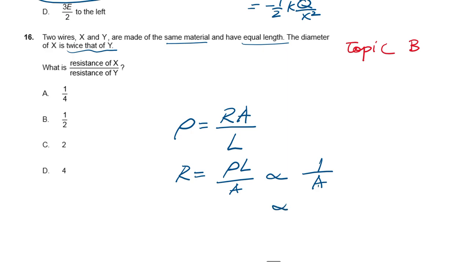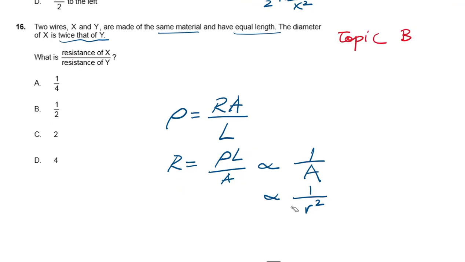Okay, and so what is our area? 1 over, it's a wire, so we say pi r squared, right? And so we can just say proportional to r squared.